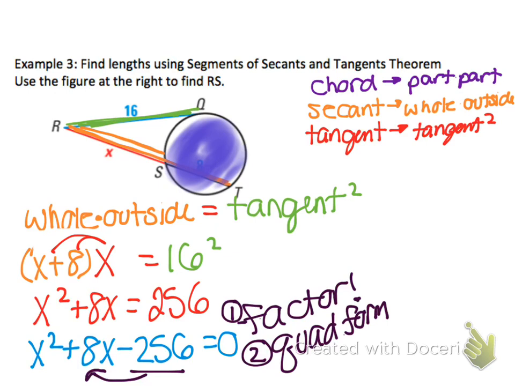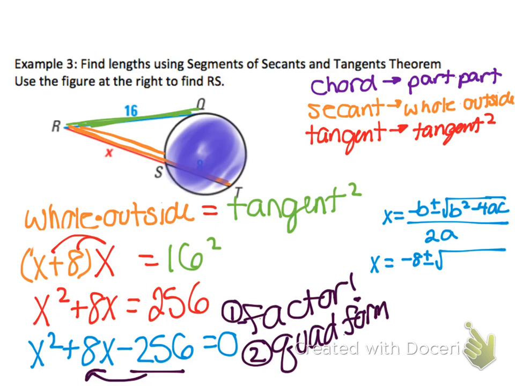So quadratic formula, x equals negative b plus or minus the square root of b squared minus 4ac, all of that over 2a. x is going to equal negative 8 plus or minus the square root of 64 minus 4 times a, which is 1, times c, which is negative 256, and then all over 2 times 1.